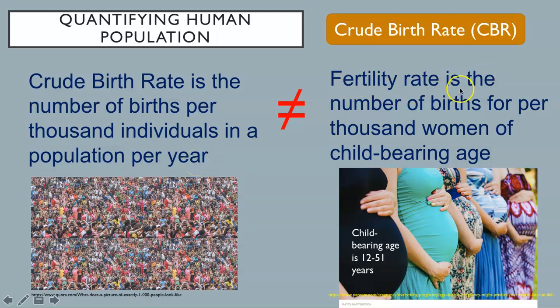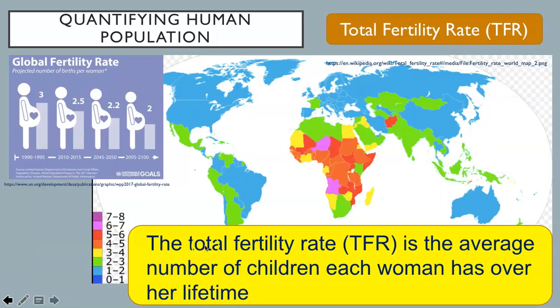While fertility rate is the number of births per 1,000 women of childbearing age. Childbearing age being somewhere between 12 and 51 years. So fertility rate is the number of births per 1,000 women ages 12 to 51 years. The total fertility rate is the average number of children each woman has over her entire lifetime.